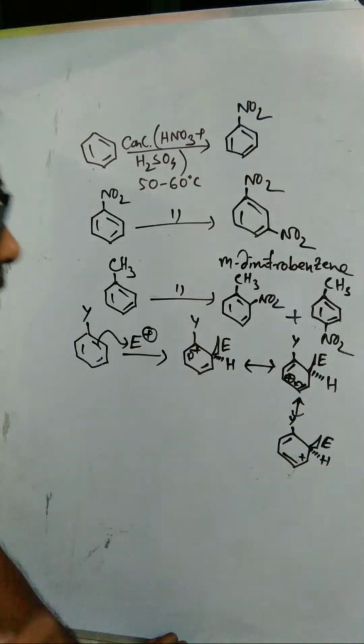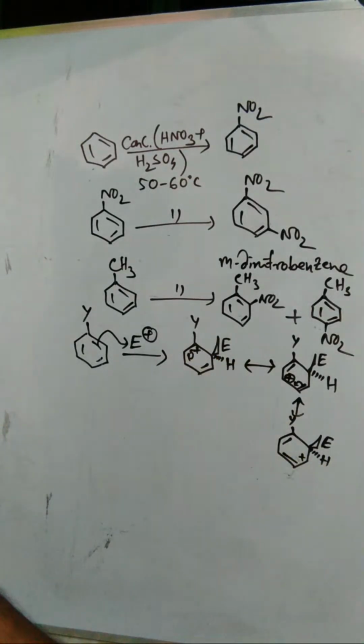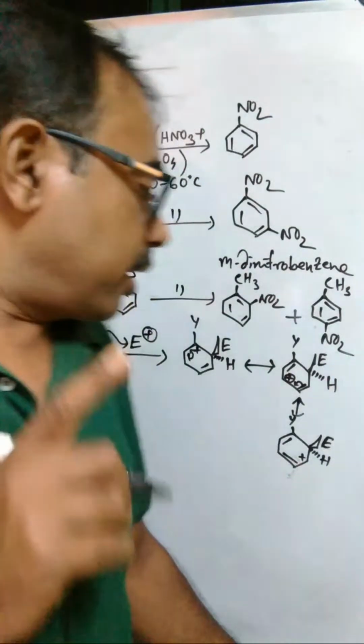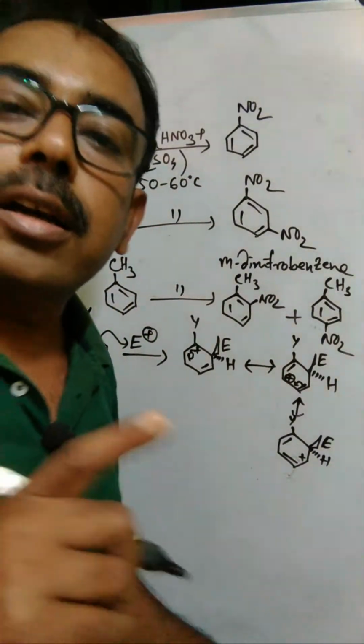So these three are the resonating structures if the electrophile comes in the ortho position.